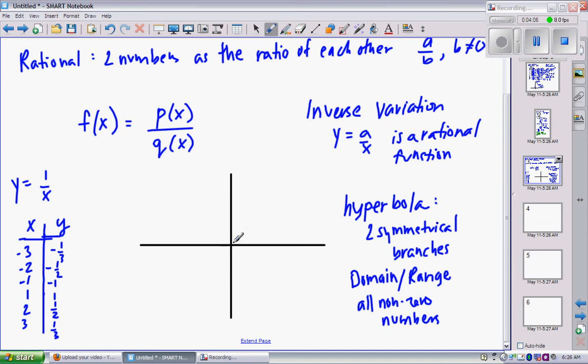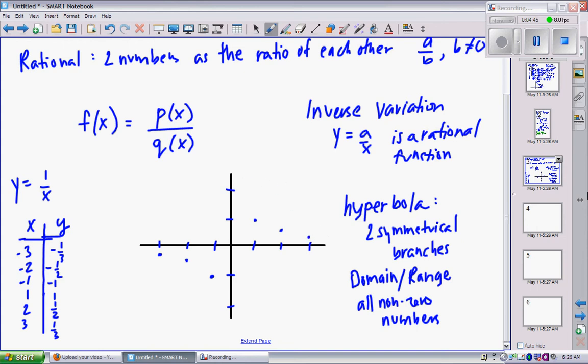Let's graph these. Negative 3, negative 1/3; negative 2, negative 1/2; negative 1, negative 1; and over here, 1, 1; 2, 1/2; 3, 1/3.